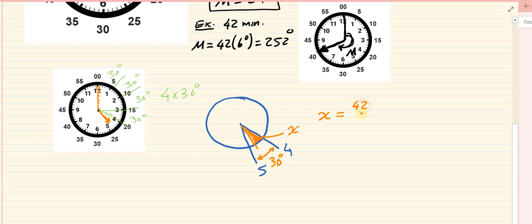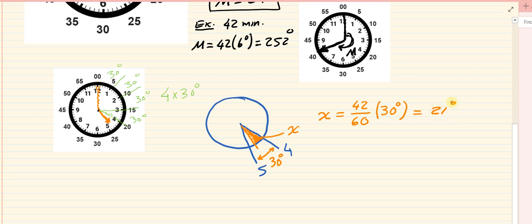So 42 minutes out of 60 minutes. Again, that's the percentage of the angle spanned by the hour hand, and that's the share of 30 degrees because there's only 1 hour from 4 to 5 which covers 30 degrees. And that's going to be 21 degrees for our specific example.